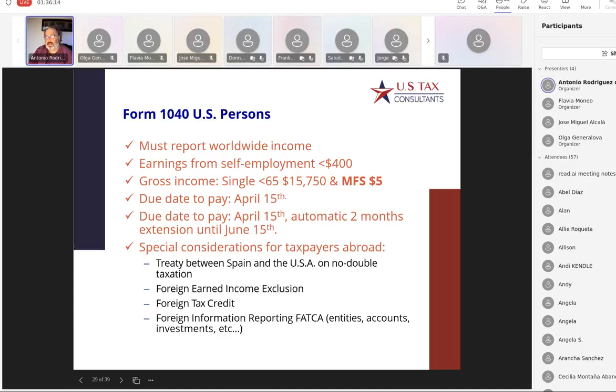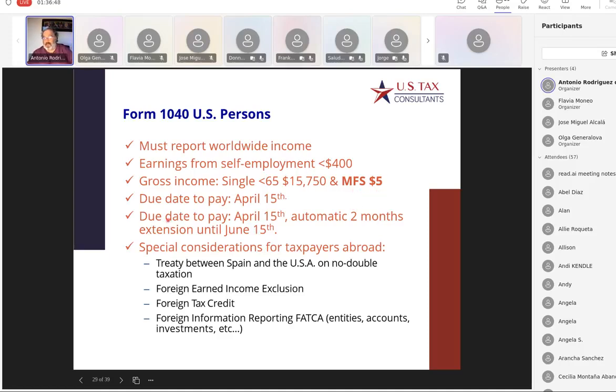The gross income threshold for a single filer is $15,750, and also a very important one: if you file married filing separately, the threshold is $5. This is something that was changed a few years ago, but it is true that for people married filing separately, everybody has to declare in the States.